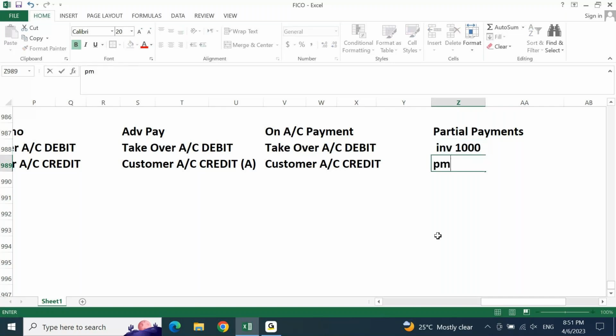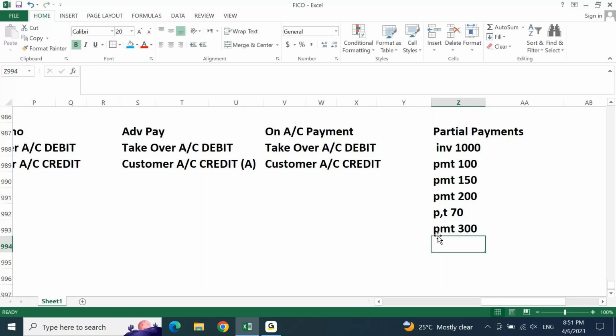You made a payment of 100, a payment of 150, a payment of 200, a payment of 70, and a payment of, let's say, 300. So total how much? 920 received.